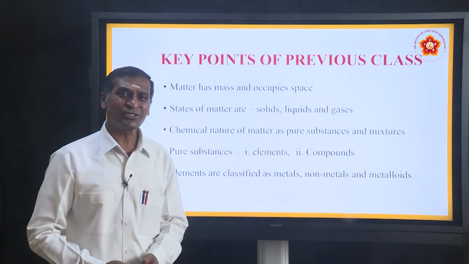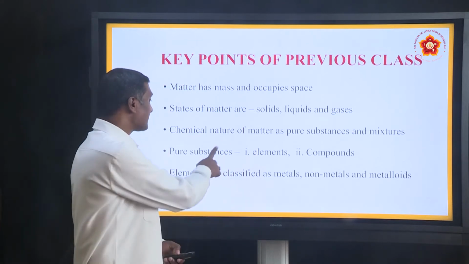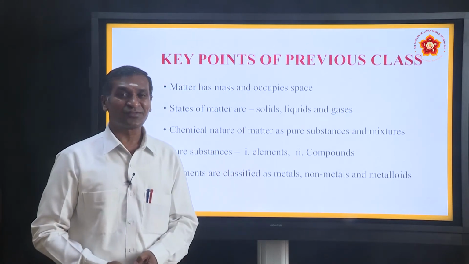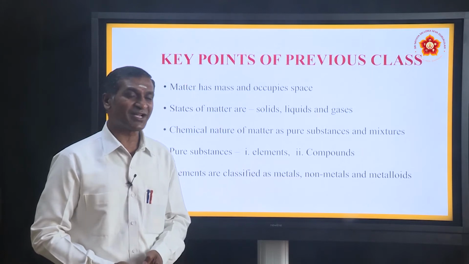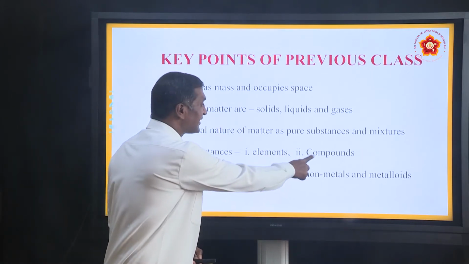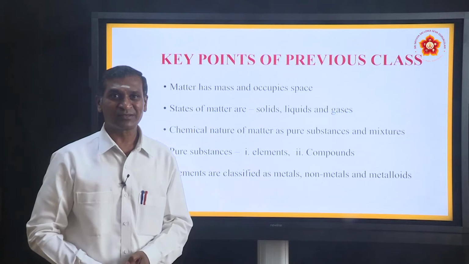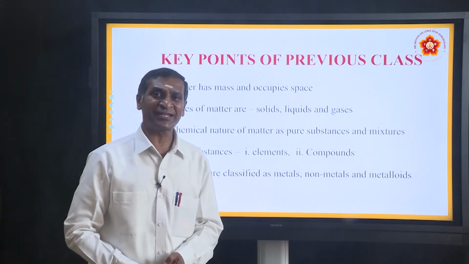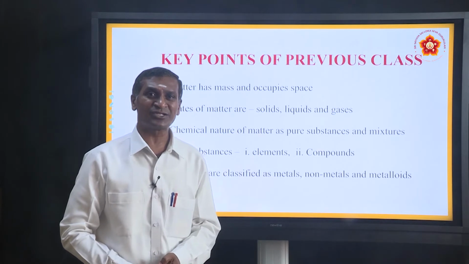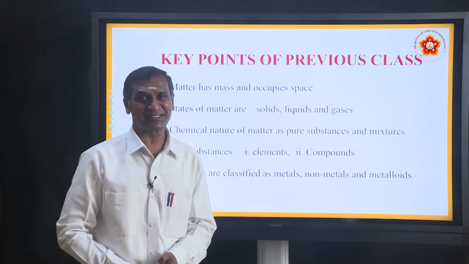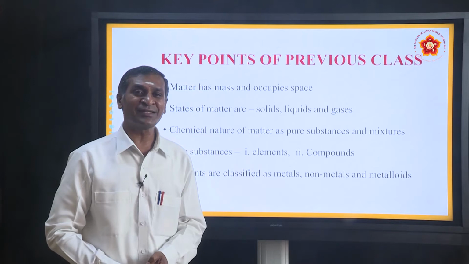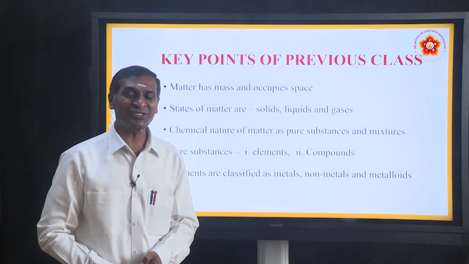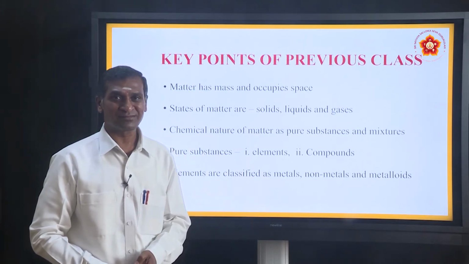Further, we dealt with the pure substances, which are classified into elements and compounds. We came to know same kind of atoms combine to form an element, and the element is denoted by symbol.